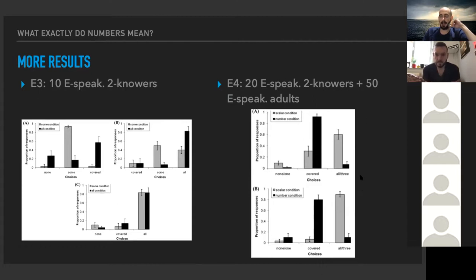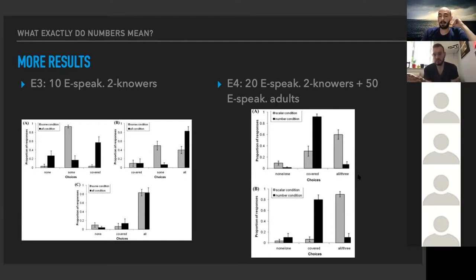So in the number condition, they always went for the cover box, right? Yeah. And in the scalar condition, here the adults accepted the "all" in 60% of the time, right? So we still have a difference between adults and children, because children were always fine with "all," right?